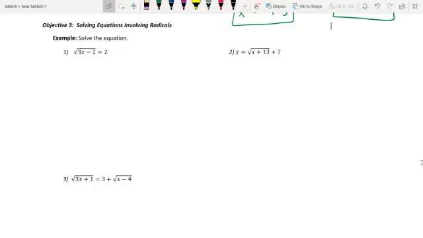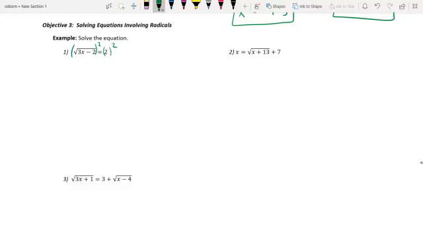Alright, so let's look at the most basic example here, where I've got the square root of 3x minus 2 is equal to 2. I've already got my radical isolated so it is by itself. So at this point I am just going to square both sides.